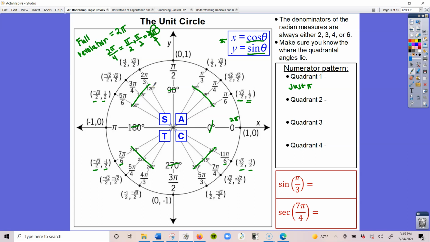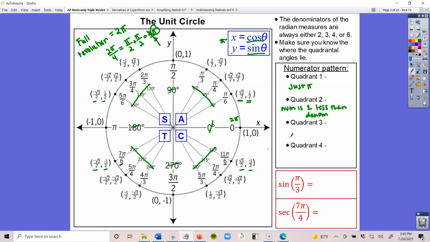If I go to quadrant 2, if you compare the numerator with the denominator, you'll notice that the numerator is 1 less than the denominator. So 2 over 3, 3 over 4, 5 over 6. 5 is 1 less than 6, 3 is 1 less than 4, etc. So the numerator is 1 less than the denominator.